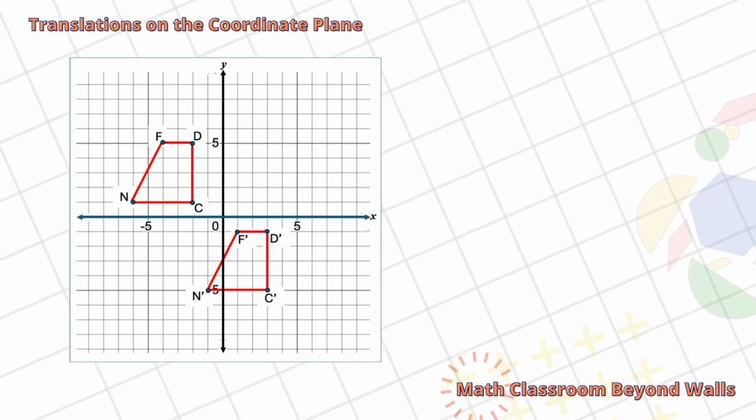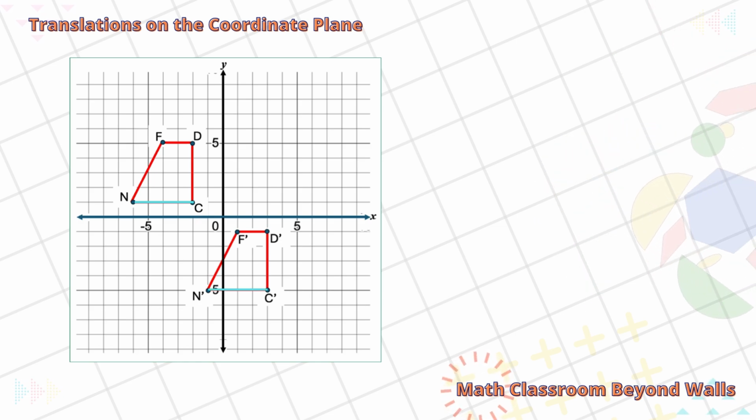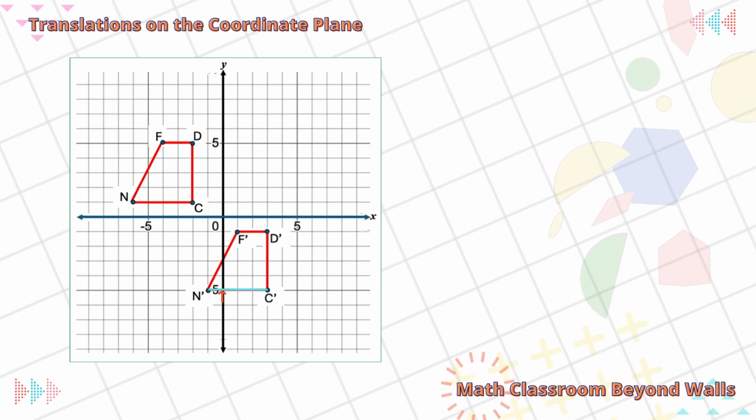Let us check side NC and side N prime, C prime. On NC, we count 1, 2, 3, 4. And on N prime, C prime, we count 1, 2, 3, 4. These corresponding sides have the same length as well.